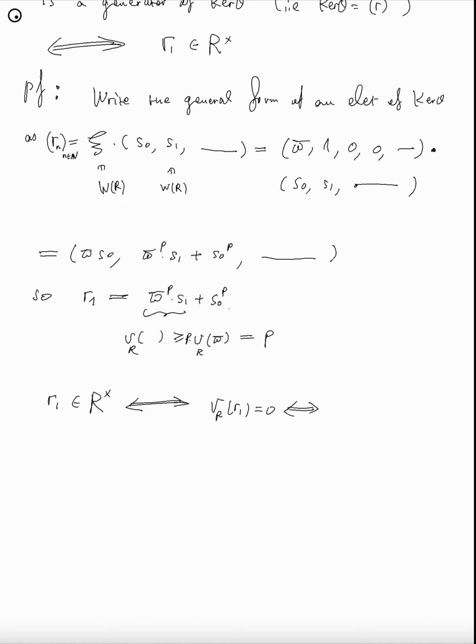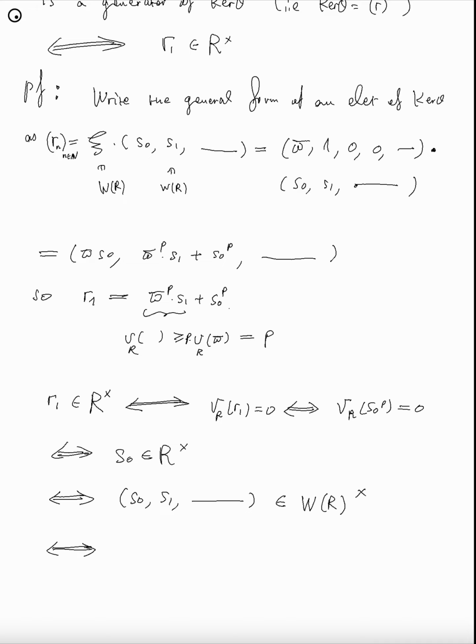This is already a positive valuation; if you have addition with another one, its valuation would be bigger or equal than the minimal one, and if it's different from the minimal one, this is equivalent to the valuation of s_0 to the power p equals 0, and this is if and only if s_0 is a unit of R. This is further equivalent to that element itself being a unit of W(R).